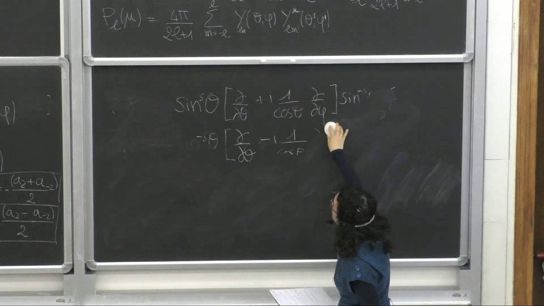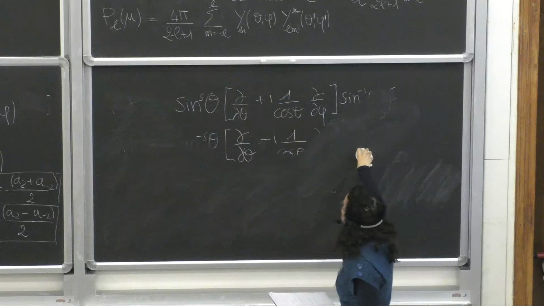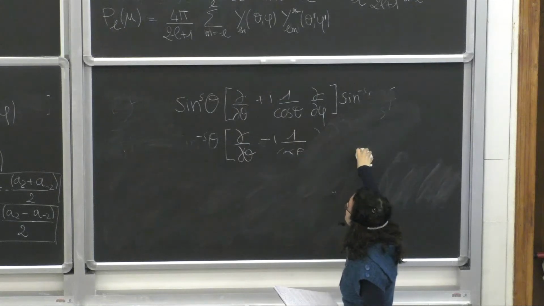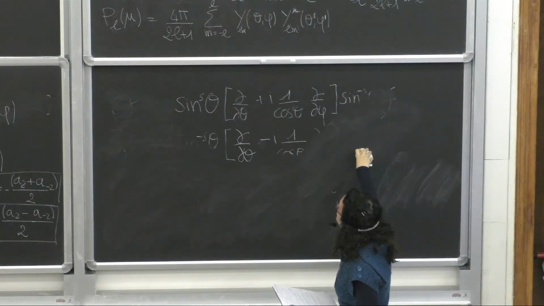I guess that the summation will just cancel the theta prime and phi prime dependency. It's a good question.